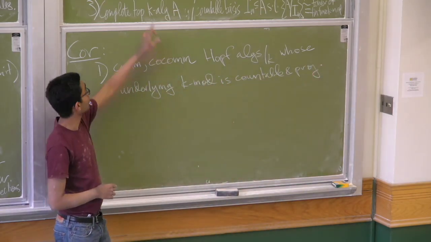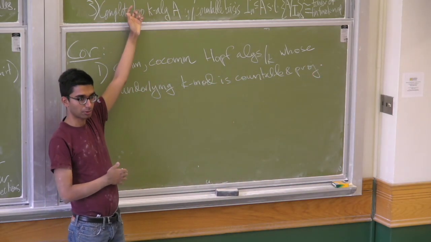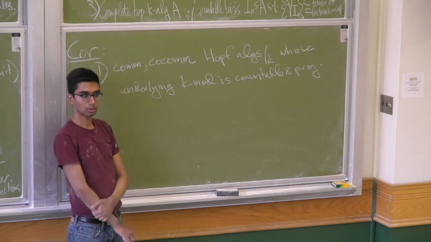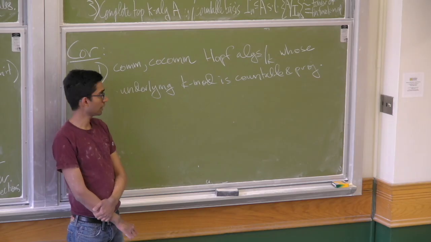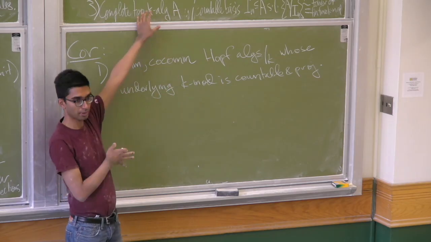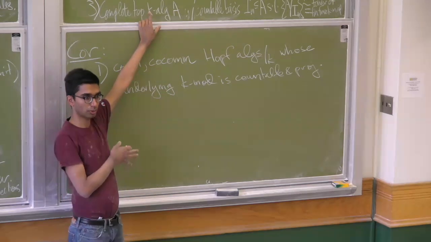I think Hopf, because it's already a coalgebra and then you're adding an algebra structure. But you want the algebra structure to be, not the coalgebra structure, because you're taking Spec of the dual. I think I want everything to be commutative.